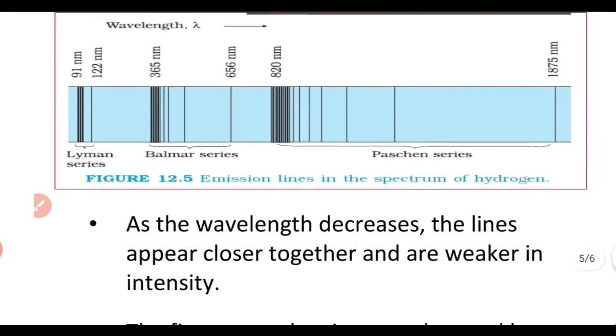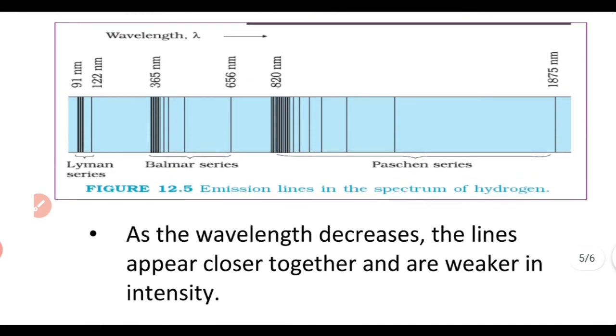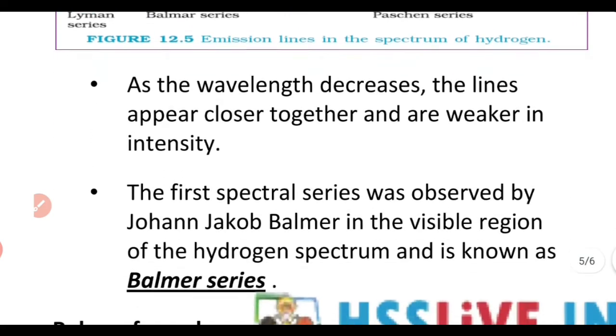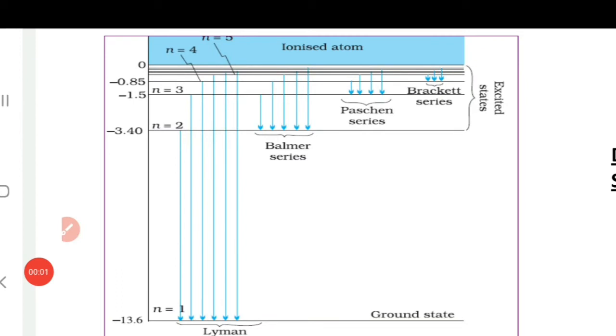What we have observed is this: as the wavelength decreases, the lines appear closer together and are weaker in intensity. That's the observation we get. To explain the different spectral series in the hydrogen atom, first we will obtain an expression which we call the Rydberg formula.